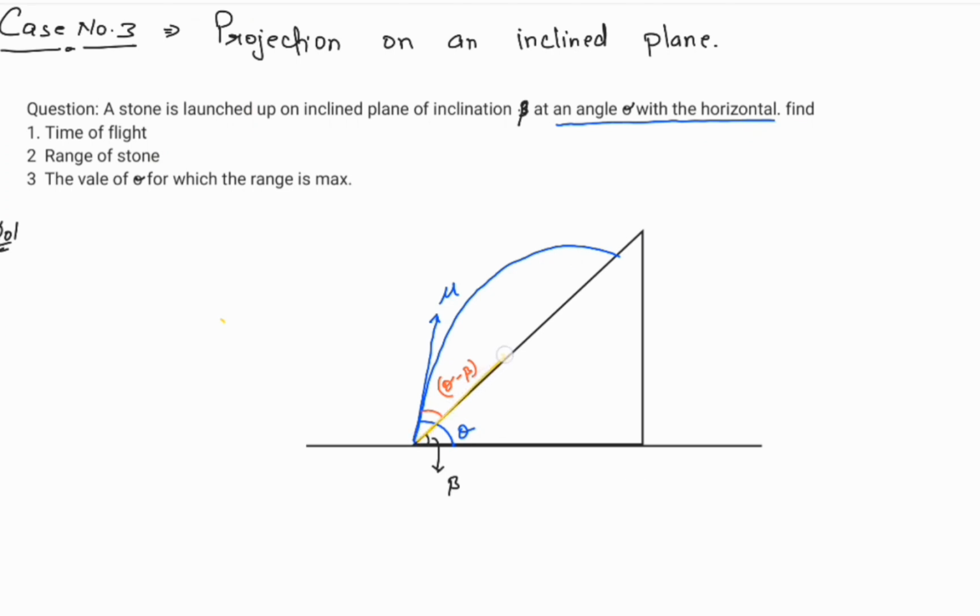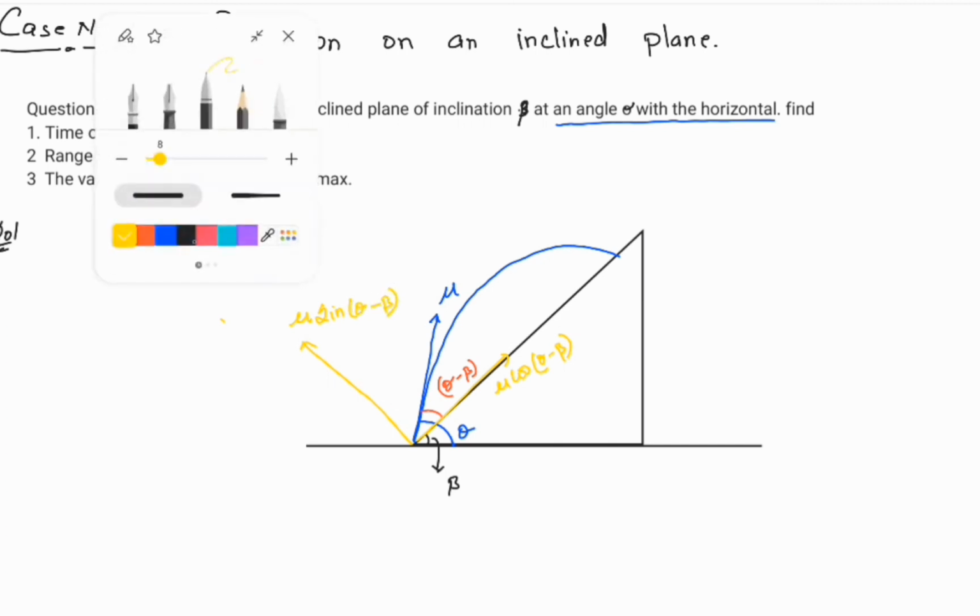The component of u in this direction is u cos of theta minus beta, and perpendicular to it, it's going to be u sine of theta minus beta.